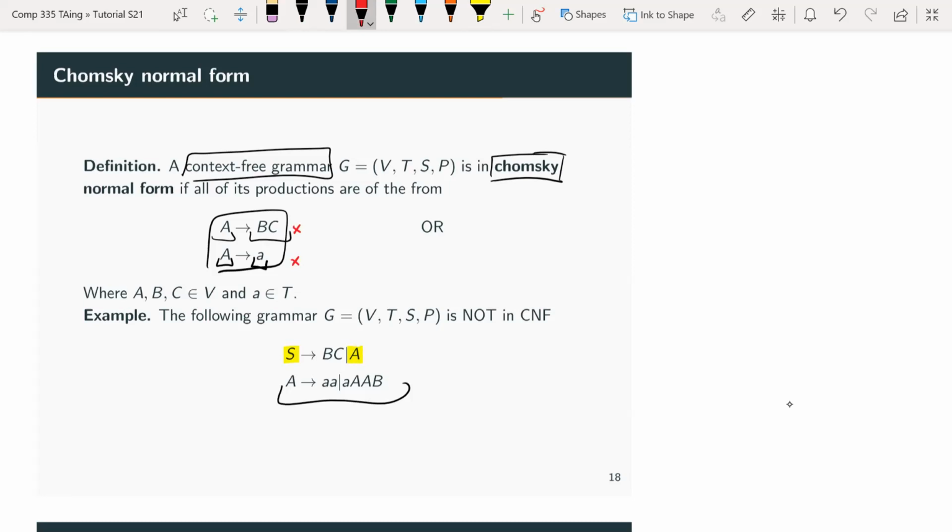If maybe, for instance, I had, let's say, AA, then this would still be no bueno because here the variable A gives me the terminals AA. So what if I had AA instead of just the terminals AA? Then again, it still wouldn't be good because here I have a terminal and then three variables. So I would need to change this.